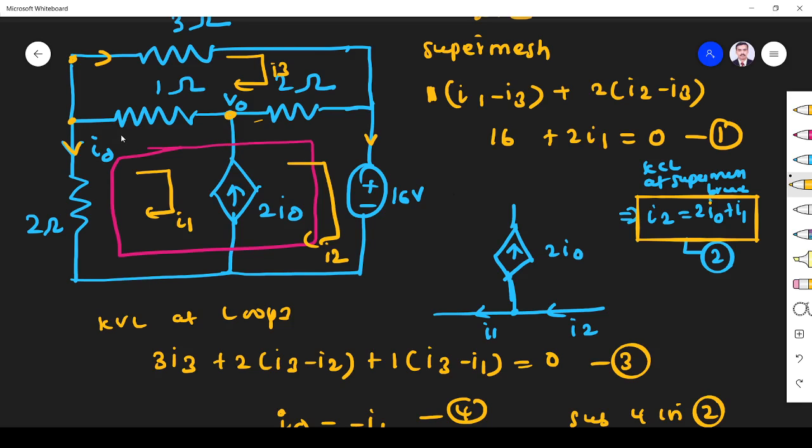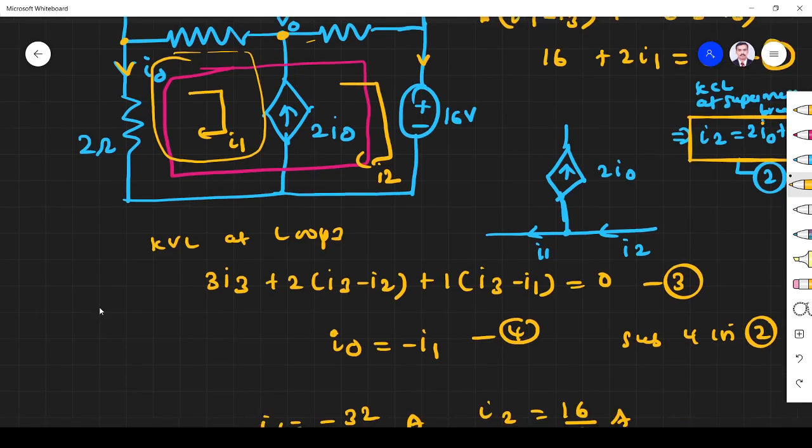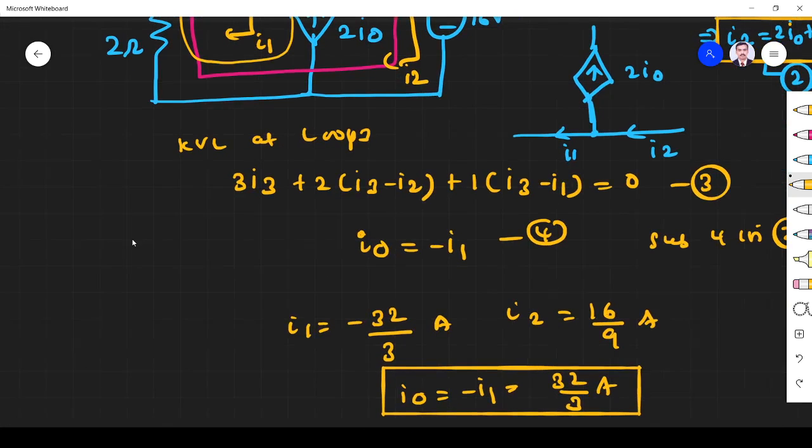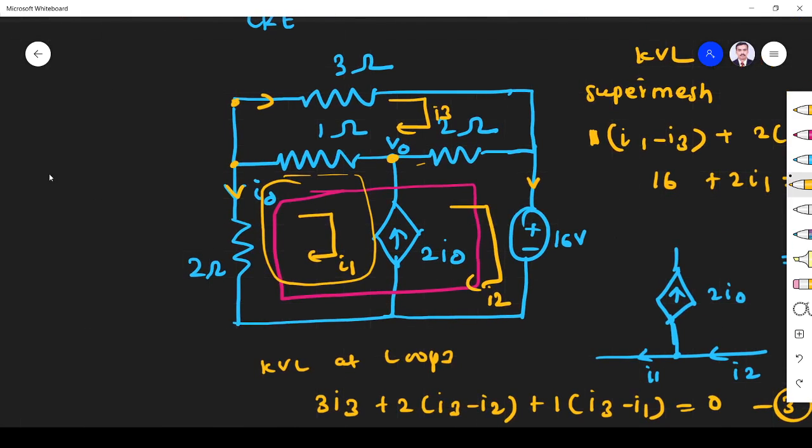Right or not? I apply KVL right here, then only you will understand. I start from here: 2I1 plus in this branch 1 into (I1 minus I3).